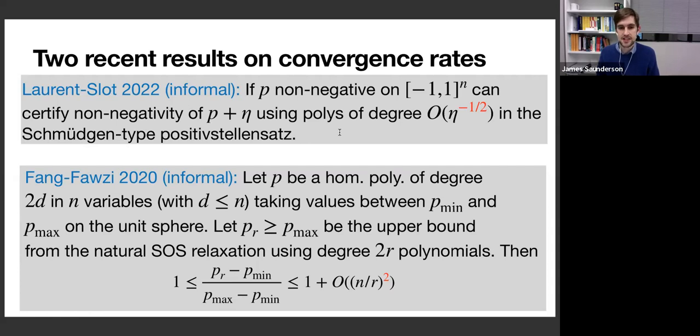What this result says is that as you increase the degree of the polynomials that you're using in the certificates, the relative error goes like 1 plus the number of variables over the degree squared. So as you crank up the degree, you don't just go like 1 over the degree, but 1 over the degree squared. It's the same factor of 1/2 that's going on here, just showing up in a different way.